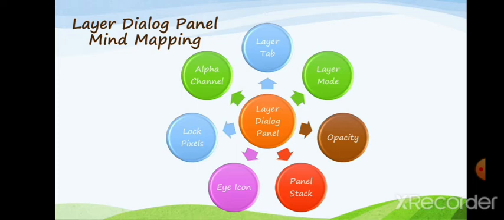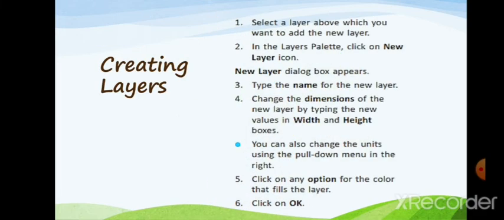But when you use the alpha channel, it keeps the transparent area of the layer locked, not the painted area. You can work on your drawing. If you have drawn a cat or some flowers, you can make lines on them and change their color, but you can't work in the transparent area with the alpha channel.